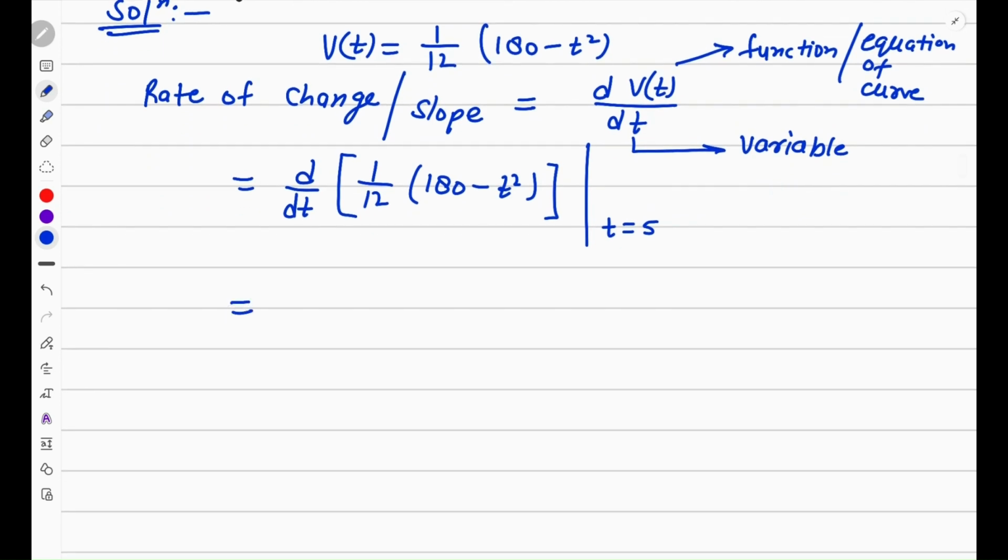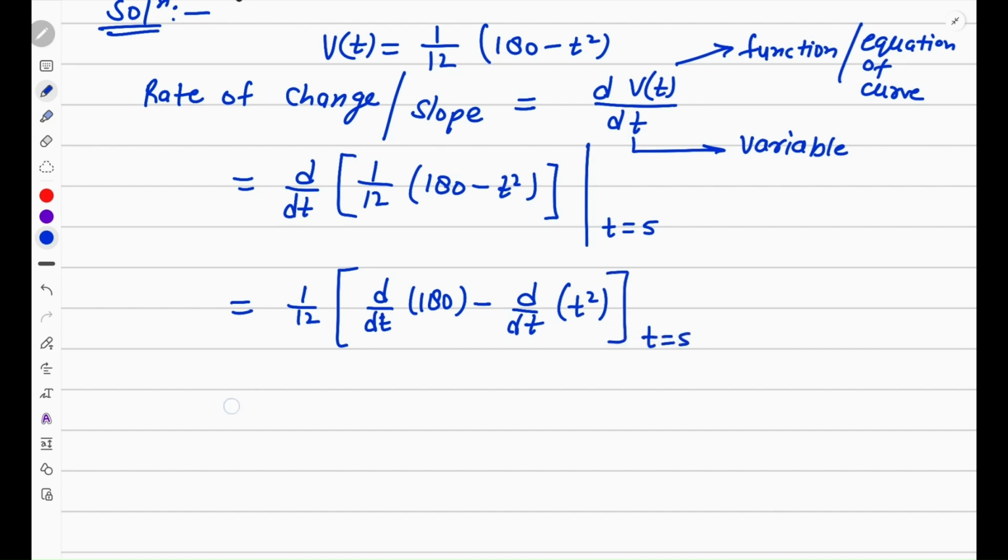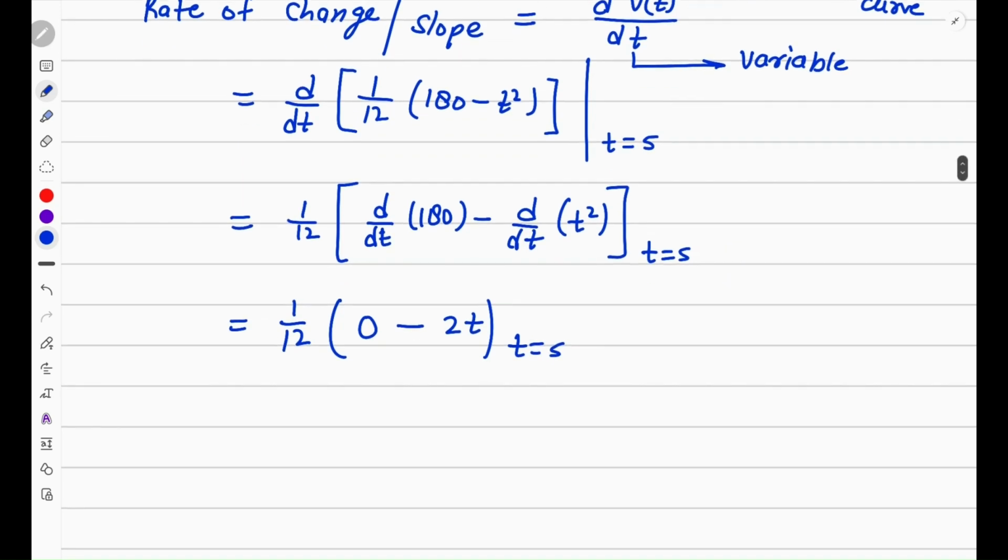If we do the differentiation, 1 by 12 will come out because it is a constant, and the differentiation of the constant value 180 will be 0, and similarly the differentiation of t square will be 2t. So it becomes 1 over 12, this value becomes 0 because it is a constant, and the differentiation of t square is 2t, and we have to put the value 5.